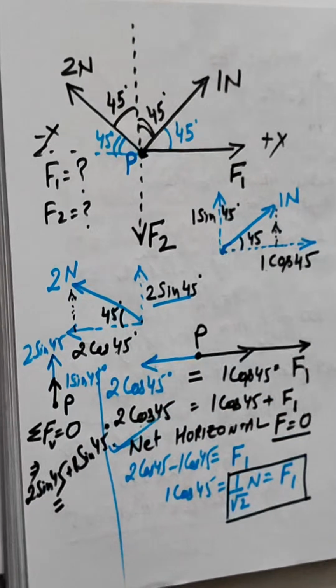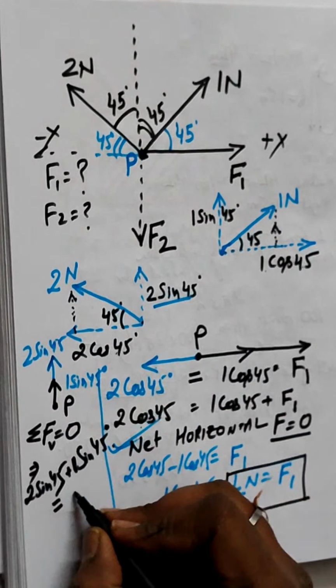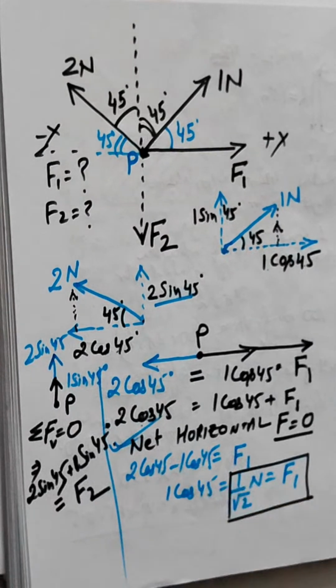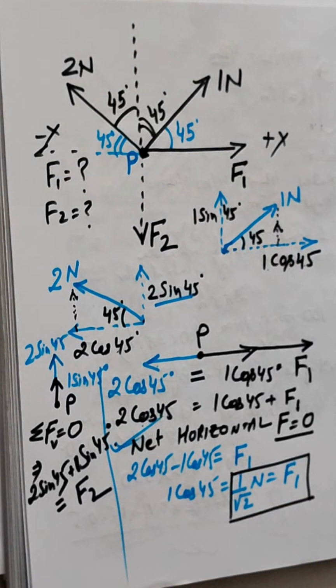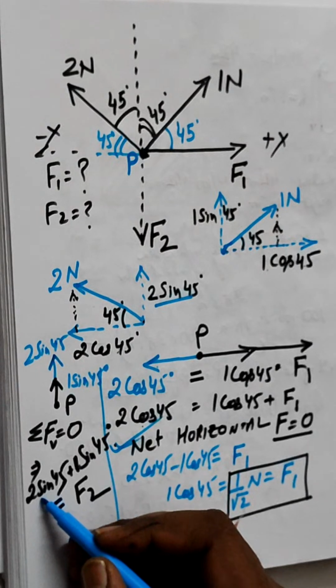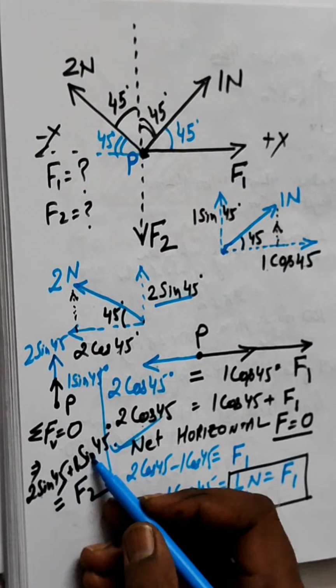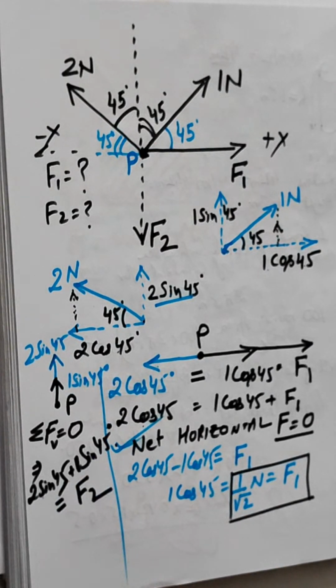So what is the downward component of force? That is equal to F2. You can see here F2. Just putting up the value, 2 sin 45 plus 1 sin 45.